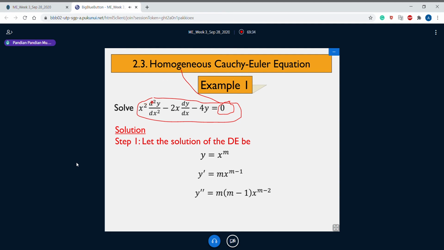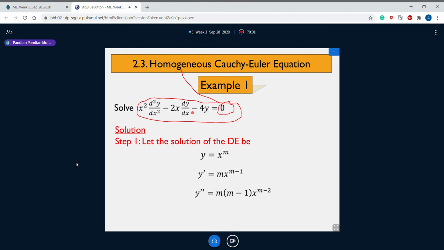And x squared goes with d squared y dx squared, and this is x dy dx. So here a is 1, your b is minus 2, your c is minus 4. Therefore, your auxiliary equation is a m squared, a is 1, m squared.